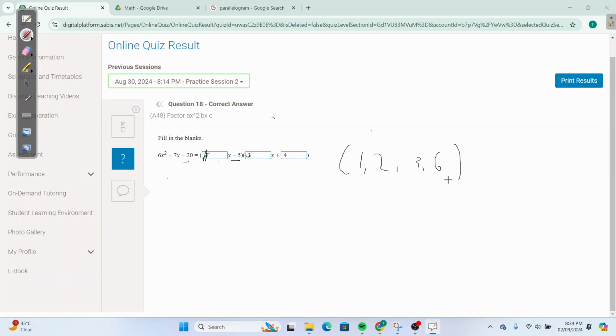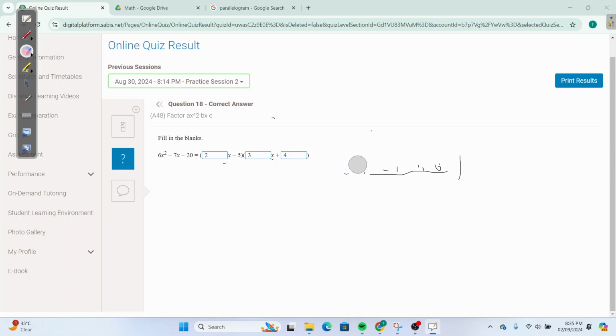Now, 1 and 6, if you were to put 6 here and 1 here, or vice versa, you wouldn't need to put the 1, so they just write x. They wouldn't write a blank x. So you can cross these two out, and you're only left with 2 and 3. Now you just try 2 here and 3 here, or 3 here and 2 there. Just trial and error for that one.